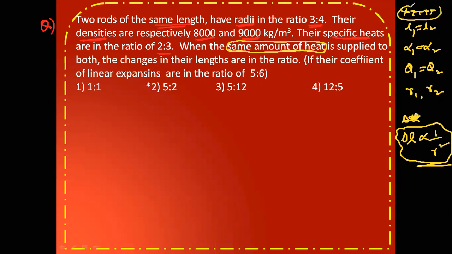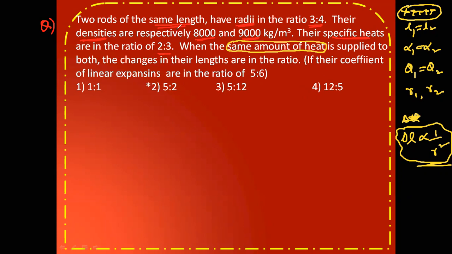If I say the lengths of the two rods are same, coefficients of expansion are same, that means both of them are made of the same material, and Q1 is equal to Q2, R1 and R2 are their radii. In that case, delta L is directly proportional to 1 by R.